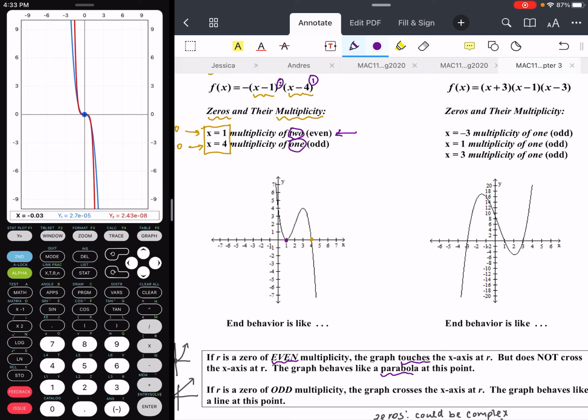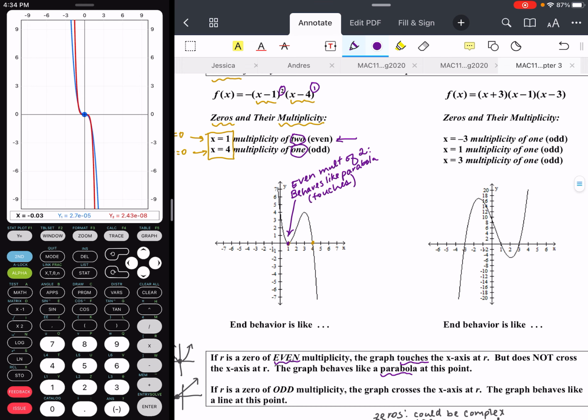This has an even multiplicity of 2. And you can see that the graph right there is behaving like a parabola, which means it touches the x-axis but doesn't cross.